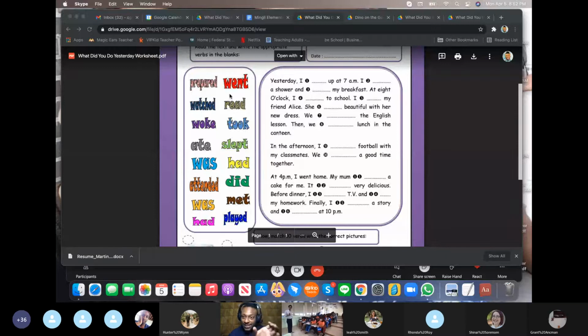These are the words you will use in the paragraph to fill in the blanks. The left side is verbs, the right side is a paragraph; fill the verbs into the paragraph.